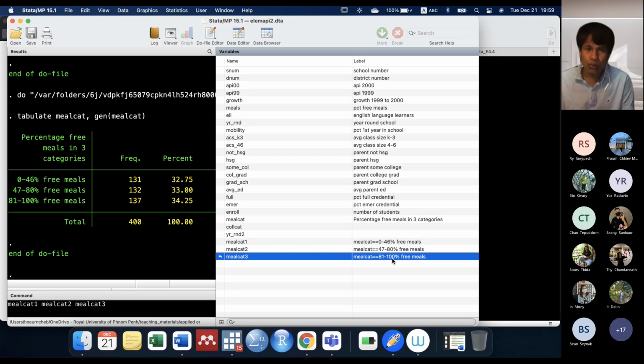Have you obtained the 3 new dummy variables? Anyone have any problem with generating dummy variables? Here there are 3 categories. Using this command, you have 3 dummy variables, but in regression, you should use only 2 dummy variables.